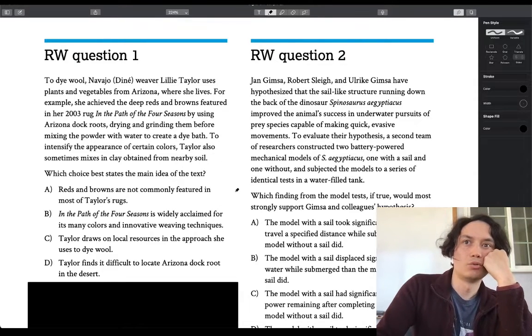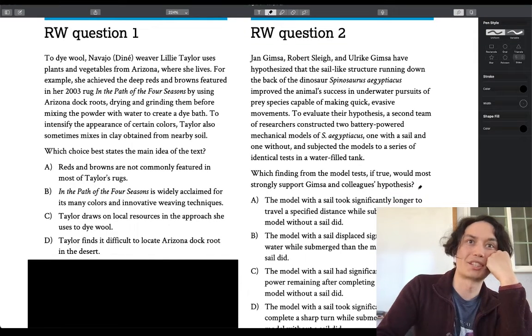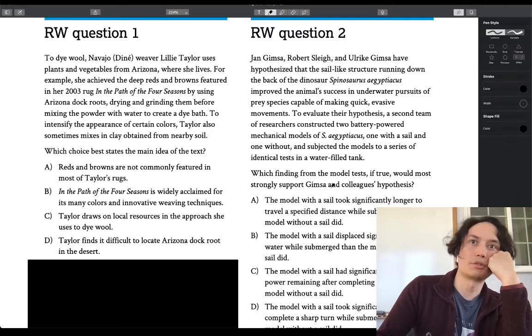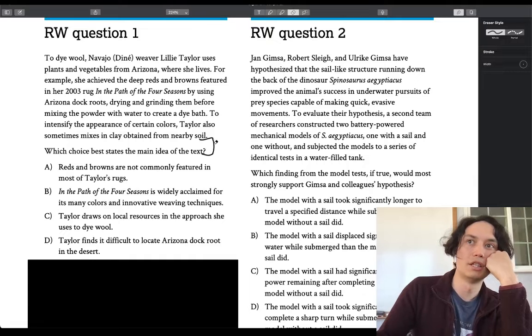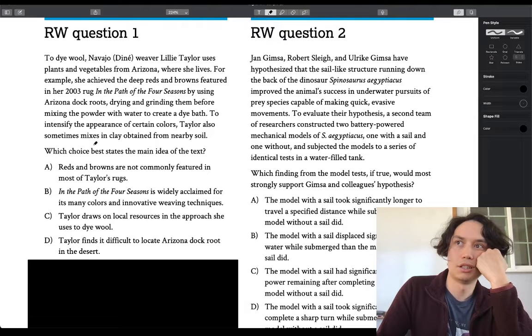So, like, which finding would... oh my God, this is literally a most strongly supported question from the LSAT. Cool. But as we see, this is a very different mode of reading than this is. Here, we need to actually understand the Jimza and their colleagues' hypotheses. We actually need to understand it in detail, whereas this, we kind of just need to play King of the Hill.